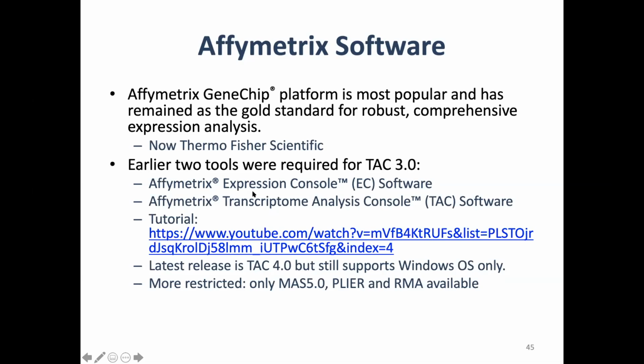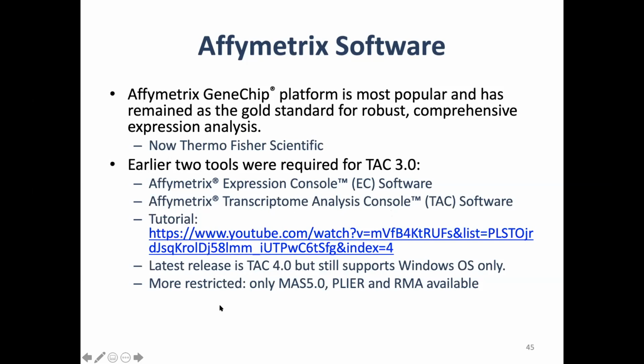One was Expression Console, another was Transcriptome Analysis Console. Now they have incorporated this into one. So there are no two tools, there is only one software called Transcriptome Analysis Console TAC 4.0. Only one. And if you want to learn more about this, there is a YouTube link, and you can get a lot of ideas, a lot of concepts by going through this.